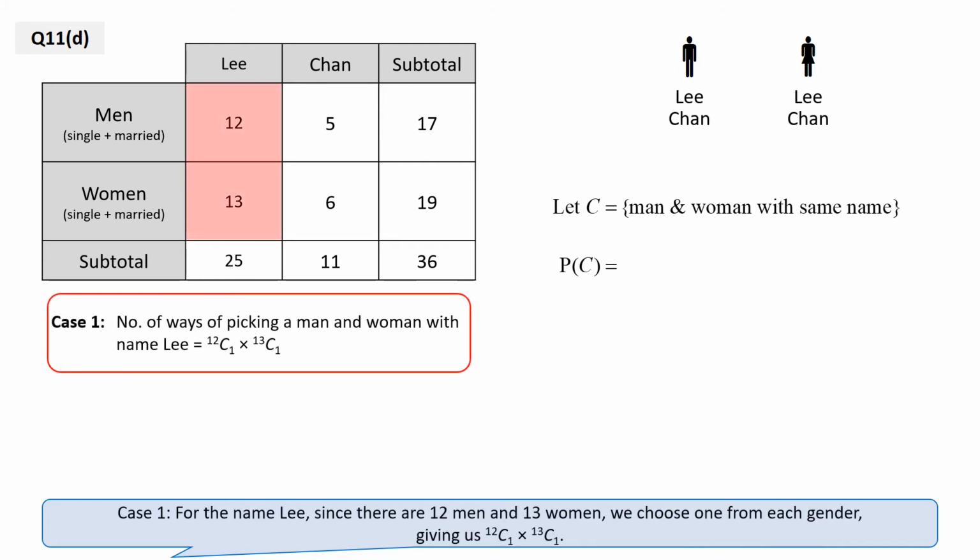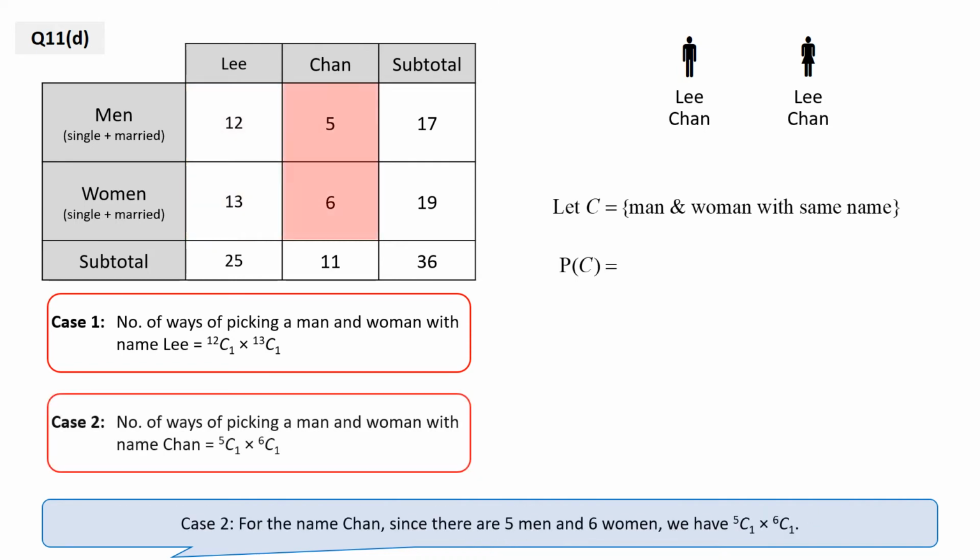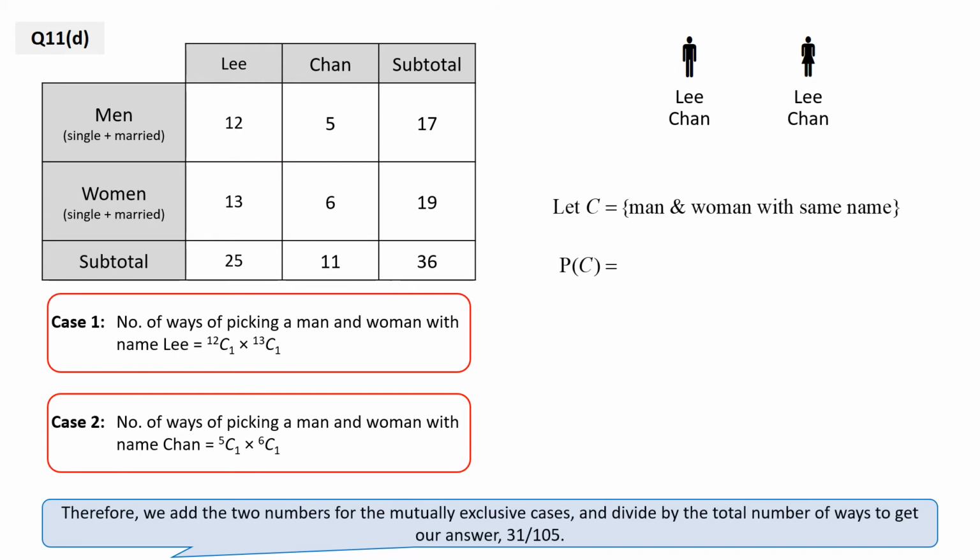Case 1: for the name Lee, since there are 12 men and 13 women, we choose one from each gender, giving us 12 choose 1 times 13 choose 1. Case 2: for the name Chan, since there are 5 men and 6 women, we have 5 choose 1 times 6 choose 1. Therefore, we add the two numbers for the mutually exclusive cases and divide by the total number of ways to get our answer 31 over 105.